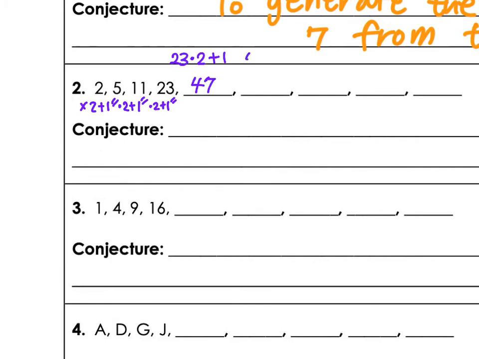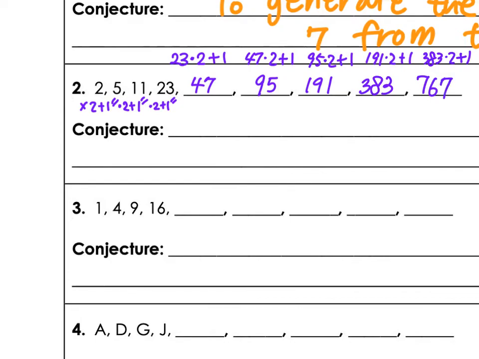And 47 times 2 plus 1, very good, 95. And 95 multiplied by 2 plus 1, that should be 190 plus 1, so 191. 191 times 2 plus 1 is 383. So 383 times 2 plus 1, that's right, 767.